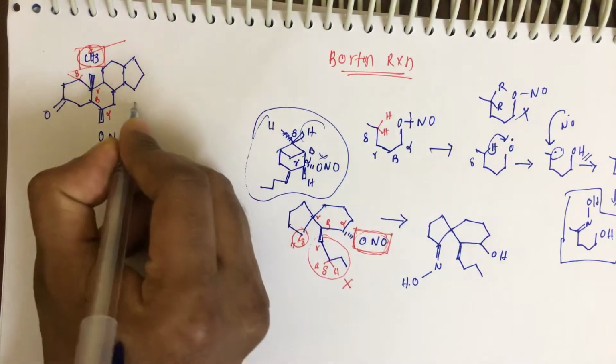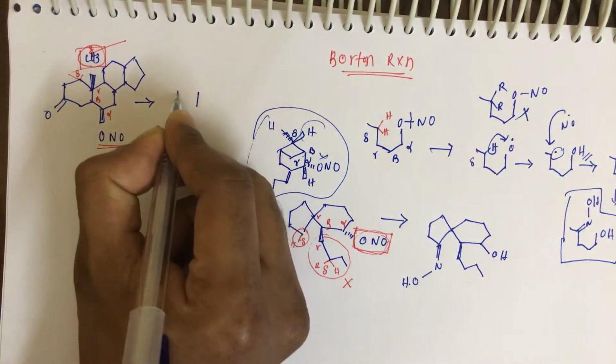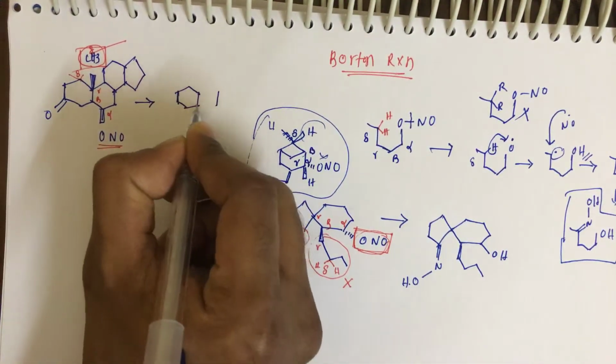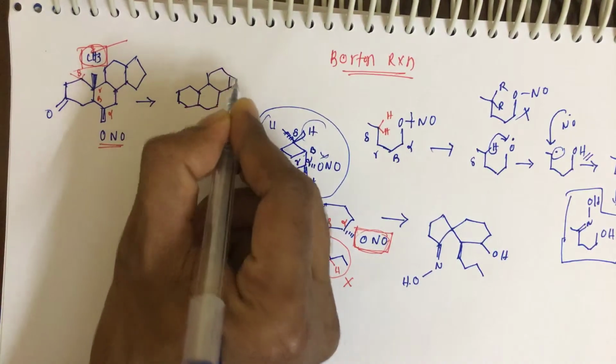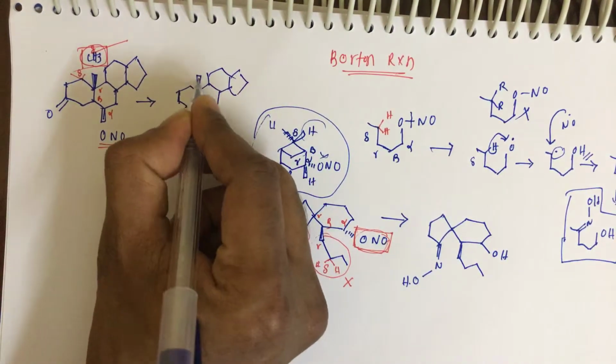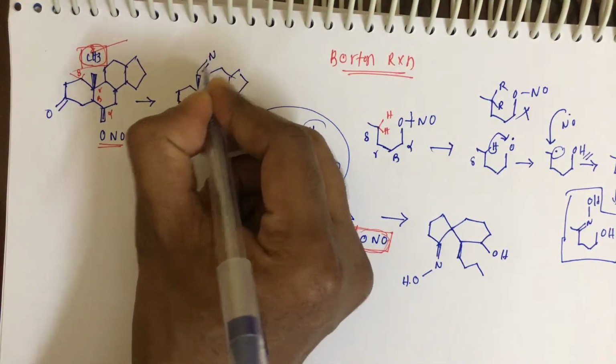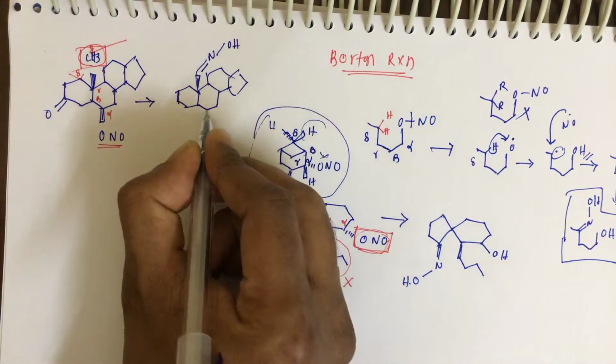The product will be CH2 and double bond OH. So this will be the product.